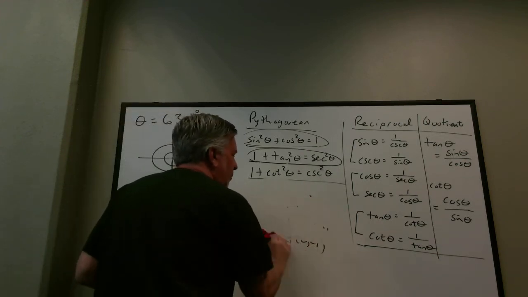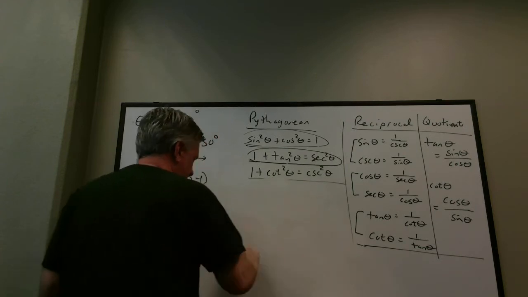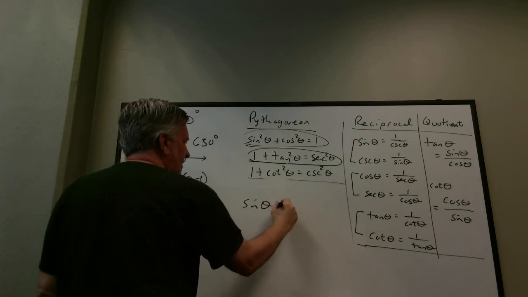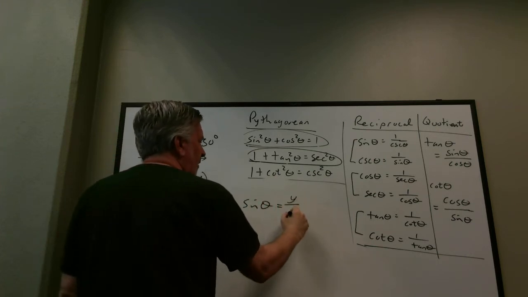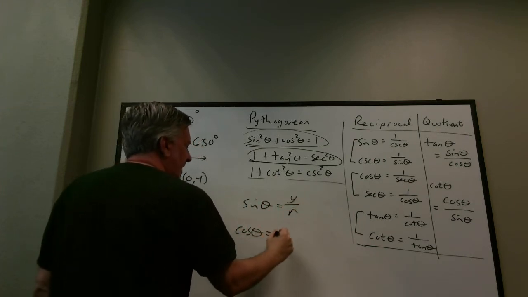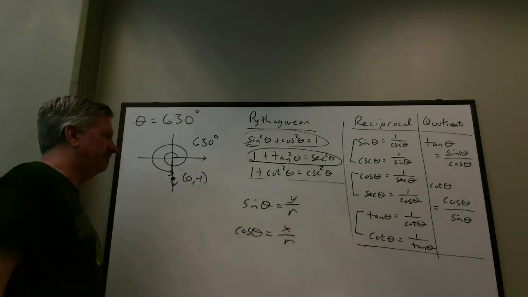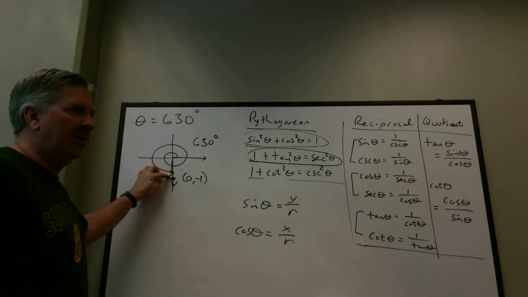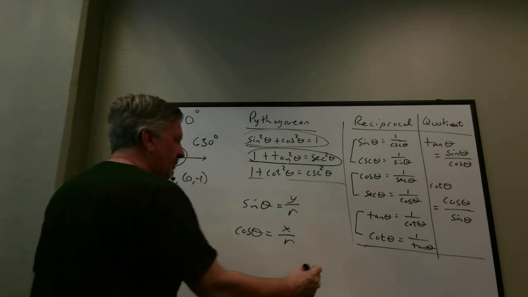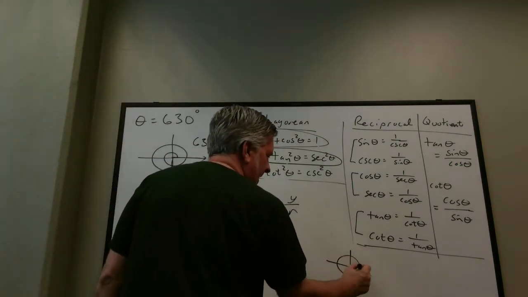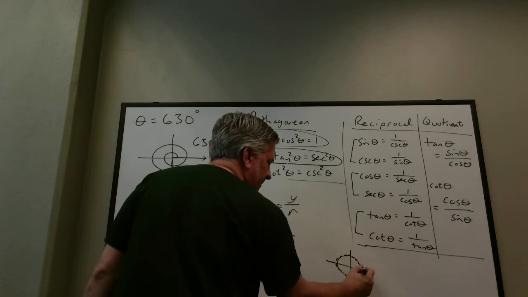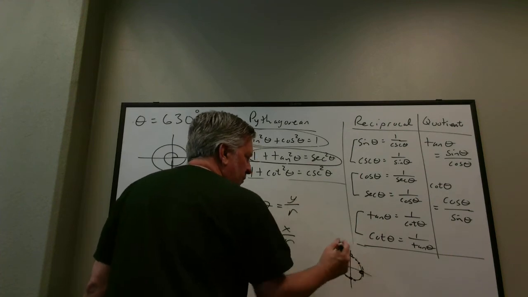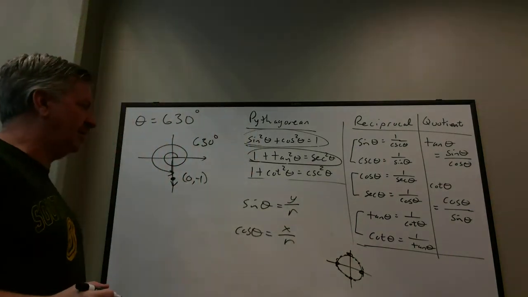Now, why am I picking the point 1 unit away? I need to explain why I'm doing this. Remember, sine of an angle was y over r, and cosine of an angle was x over r. So if you pick the point 1 unit away, what's r going to be? If you're on the unit circle, even though I'm really focusing on these 4 points here, what's r? r is 1.